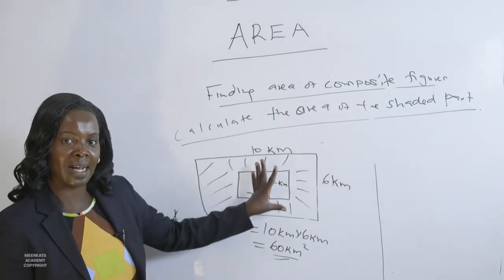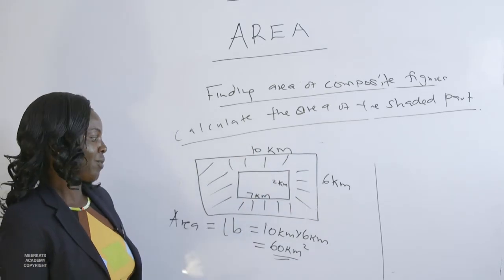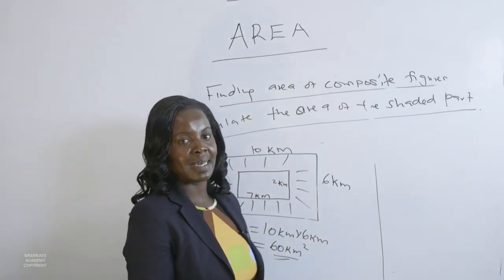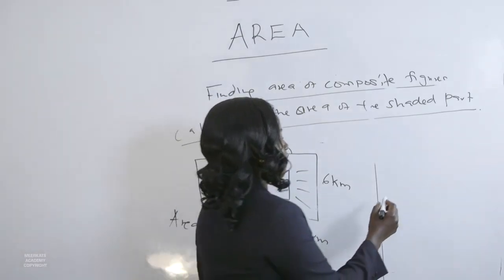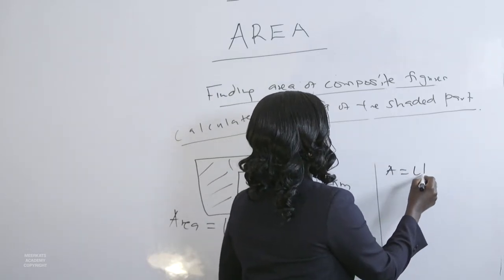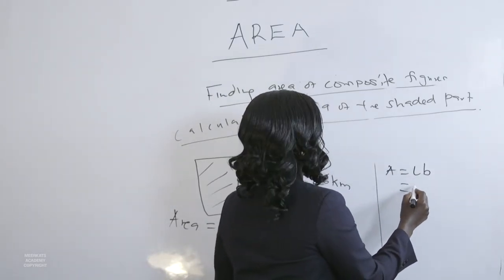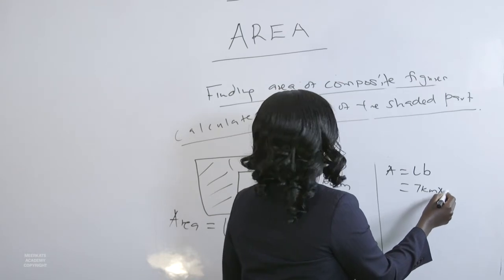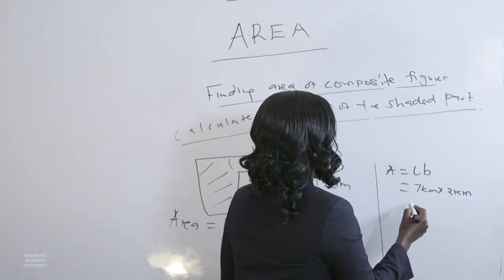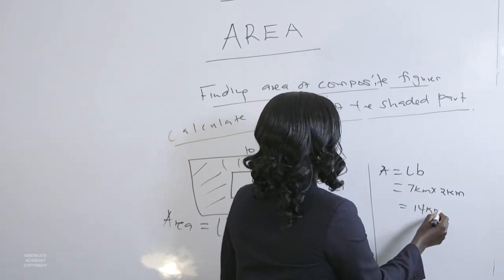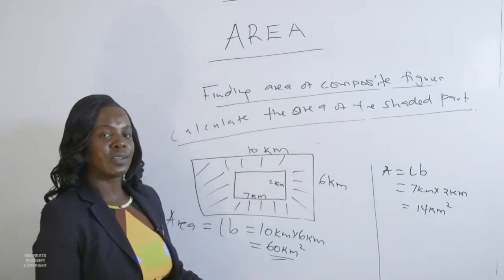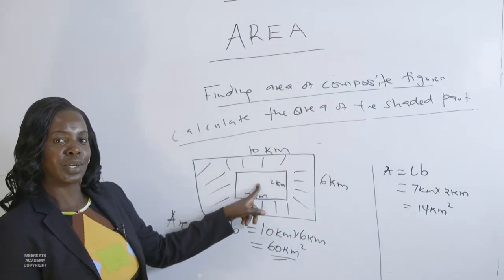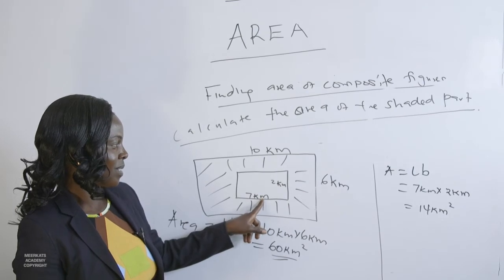That is the area of the whole rectangle. We now calculate the area that is not required. The area that is not required is 2 kilometers by 7 kilometers.